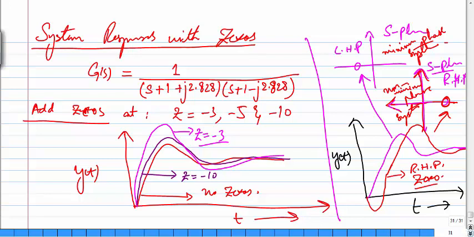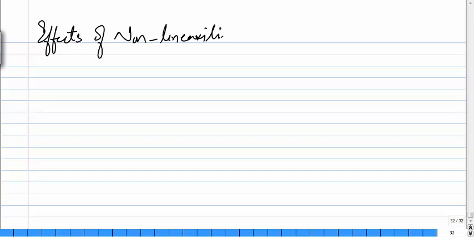Now another topic related to the response that needs to be covered is the effects of nonlinearity upon the time response.